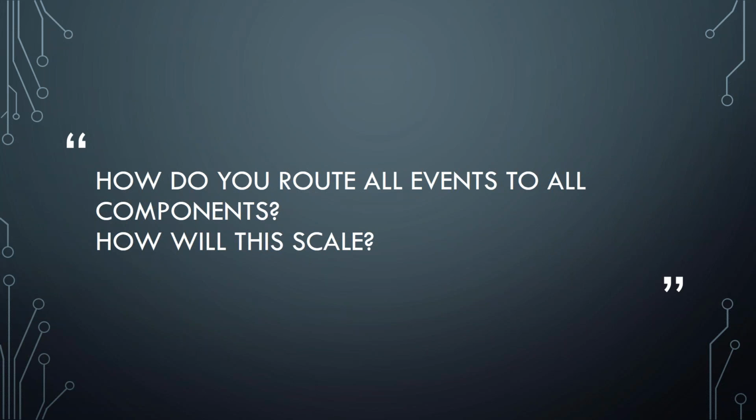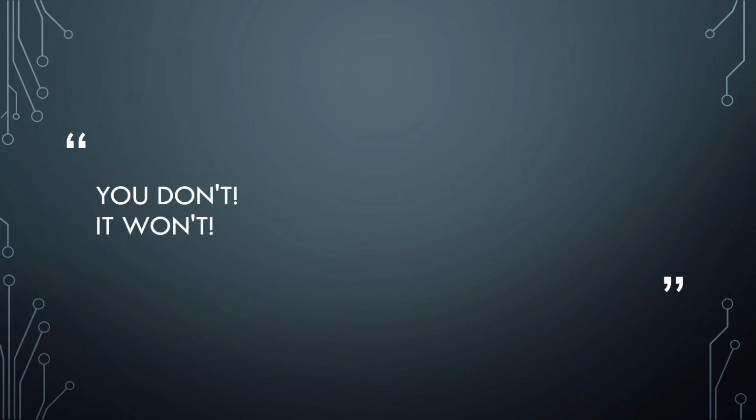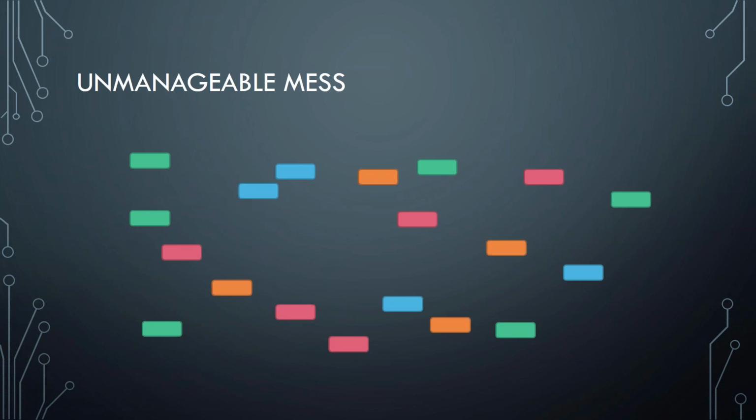Fortunately, there's a very easy answer to this question. You don't, because it simply won't scale. This solution does not scale. Well, it does, but not in a naive approach, because what you eventually get is a distributed monolith. Everybody's talking to everybody.